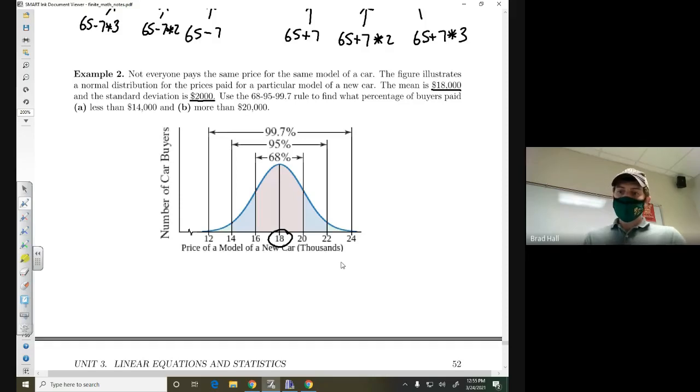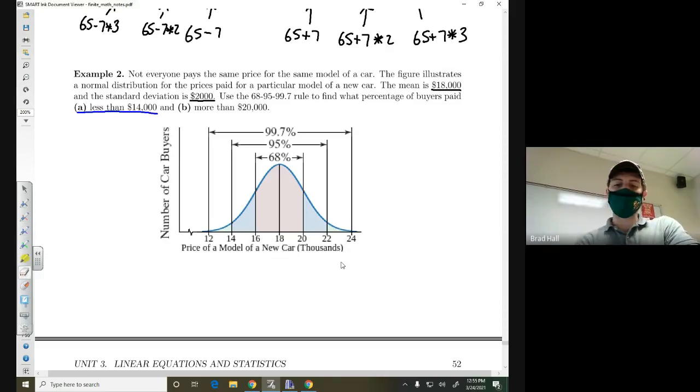And so we can use the 68, 95, 99.7 rule to determine what percentage of people paid any certain amount for a car. And we'll start off with part A, less than 14,000.